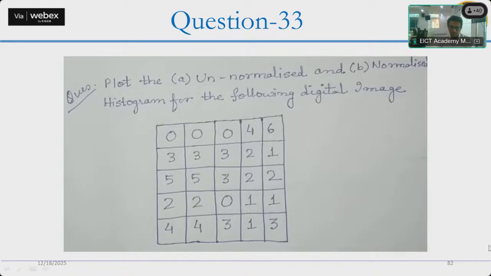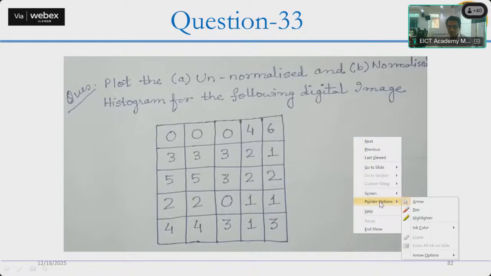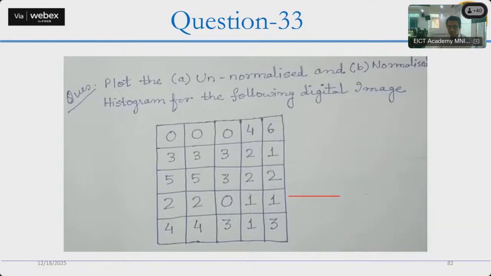So on the x-axis it is 0, 1, 2, 3, 5, 7.